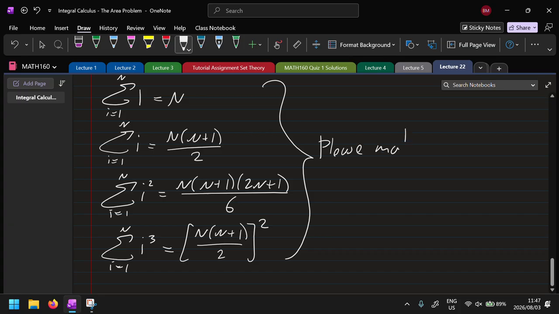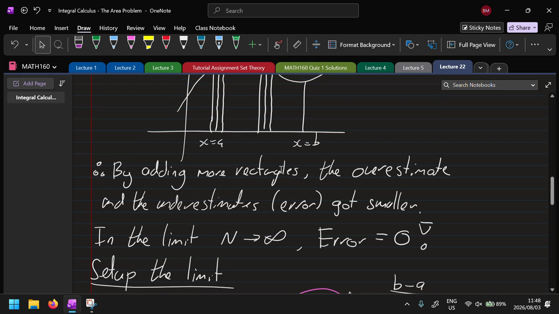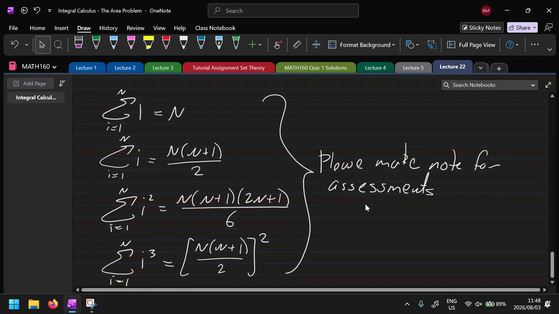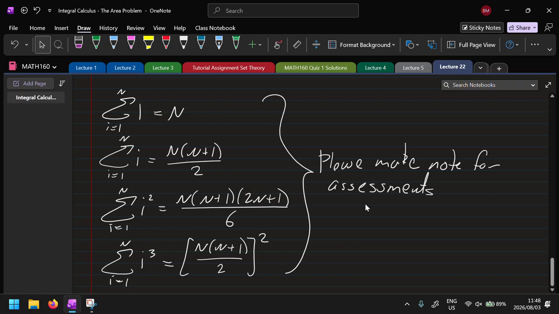Please make note for assessments. This formula over here in the box, you have to know that one. That is not given. And these ones, if you don't know them or you forgot them from high school, please learn them again. It will not be given.